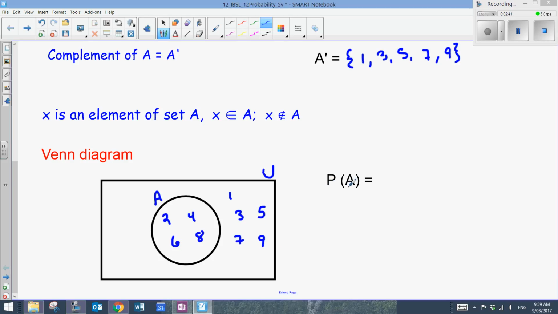So if we say the probability of being in set A, we're looking at what is in set A. We have 4 elements in set A. We have 9 elements total, 1, 2, 3, 4, 5, 6, 7, 8, 9, between 0 and 10, absolutely. So 4 out of 9 is our probability of being in set A.